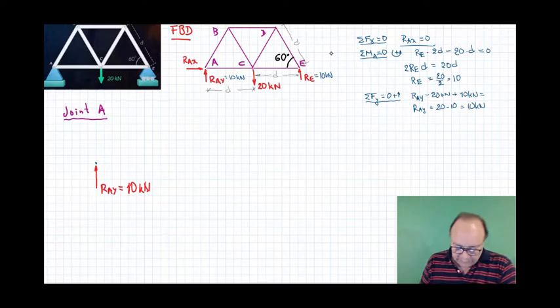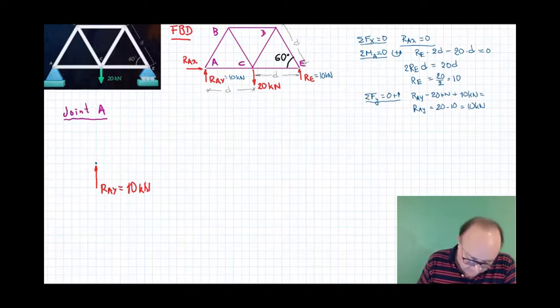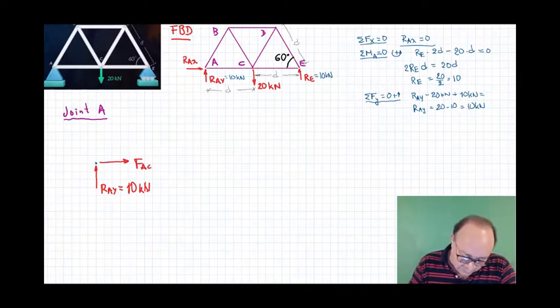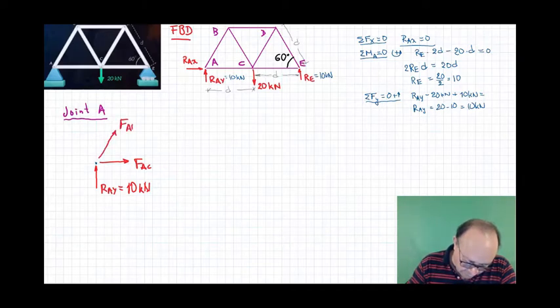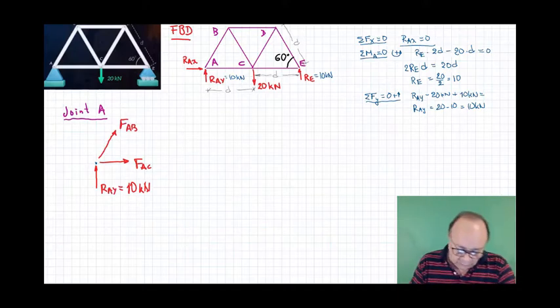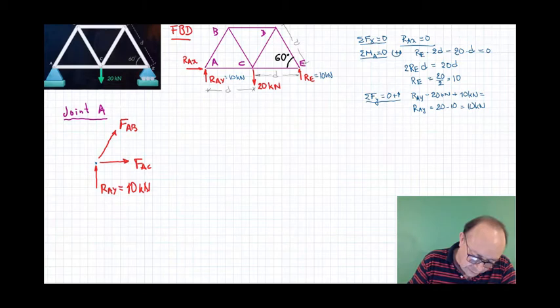The force Rx is 0, so we don't even draw it. And then the force coming from the element AC, we will call it FAC, and the force coming from the element AB, force AB. All the angles are 60 degrees, so we can put that in here, 60 degrees.